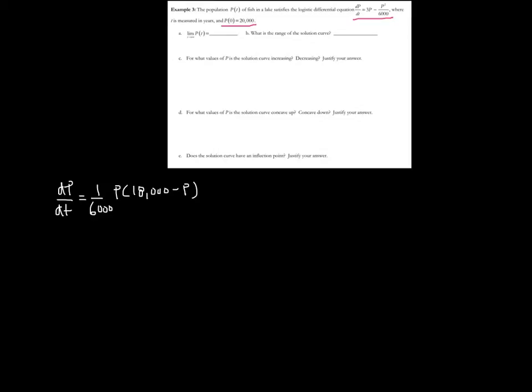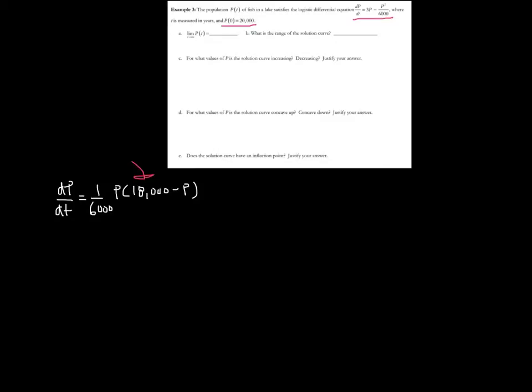Remember, this is our maximum value, and the lake can't hold any more than 18,000 fish. That's the carrying capacity. So they put too many fish in the lake, so the number of fish are going to die because there are insufficient resources to handle that many fish.